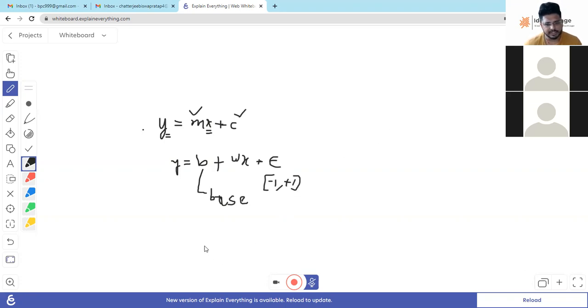Now this is our parent equation. We have to work on this equation. As I said, we have to learn two parameters. What are those two parameters? B and W are the two parameters that we are going to learn.